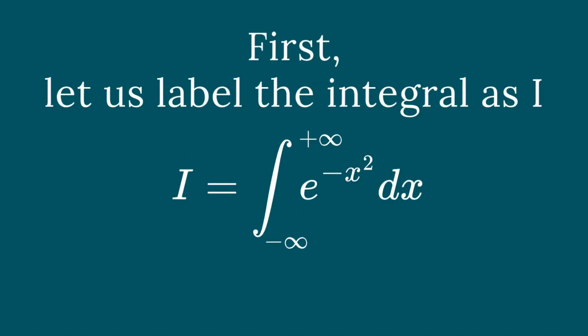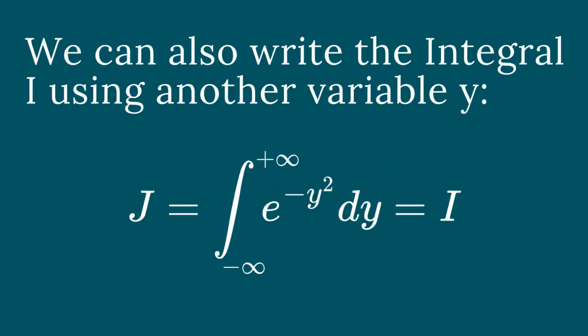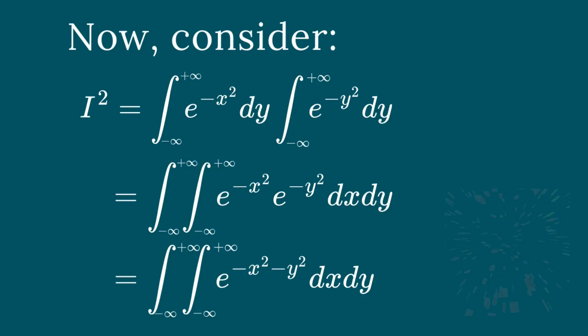To find the solution, let us label the integral as I. We can also write it using another variable, y, so I is also equal to the integral from minus infinity to plus infinity of e to the power of minus y squared with respect to y. Now, consider I squared, which means multiplying I by itself.